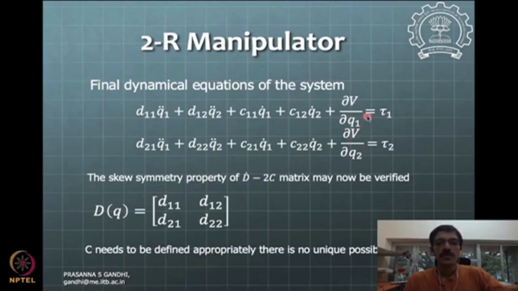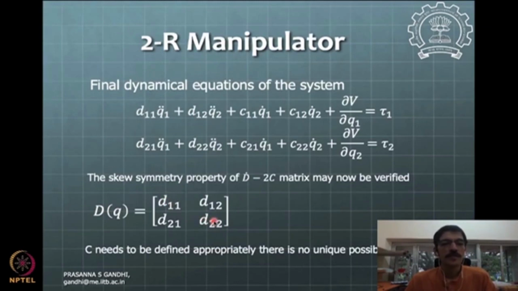With this there is a very interesting property called the skew symmetry property of the D dot minus 2C matrix, which you can verify or validate. But for this D matrix itself, you have this property that it is a symmetric matrix, and it is a positive definite matrix.